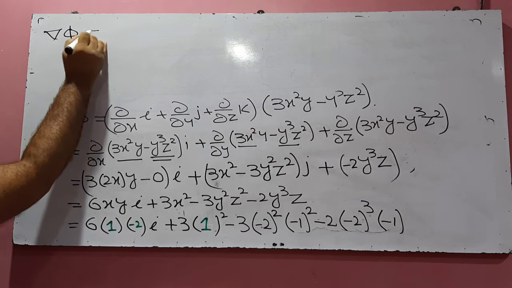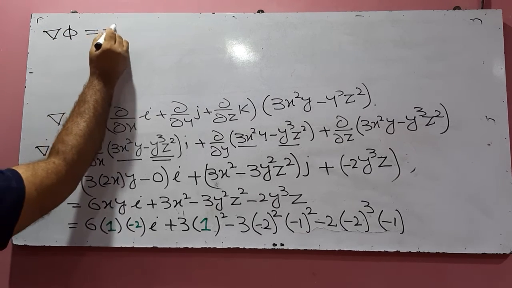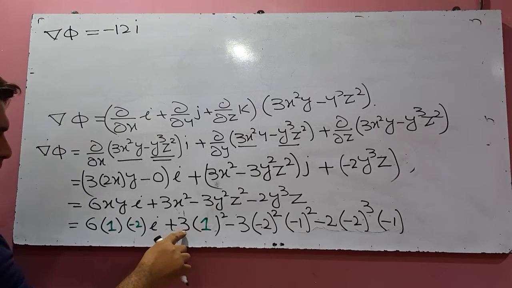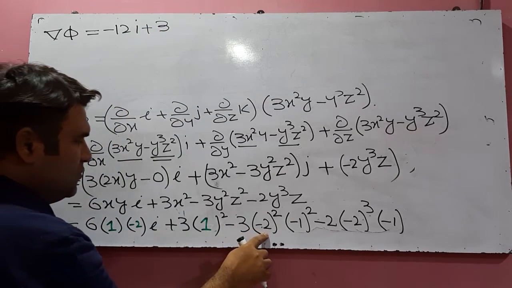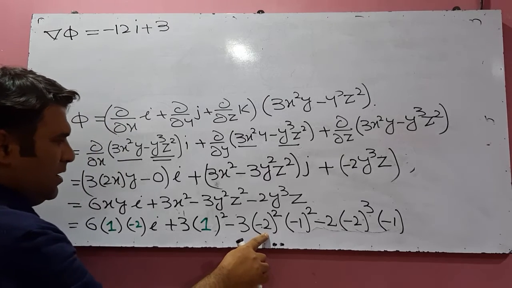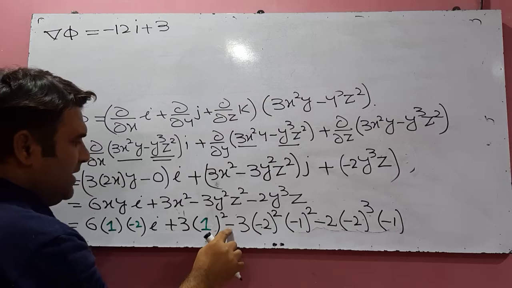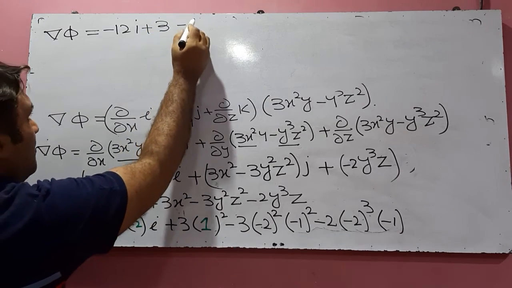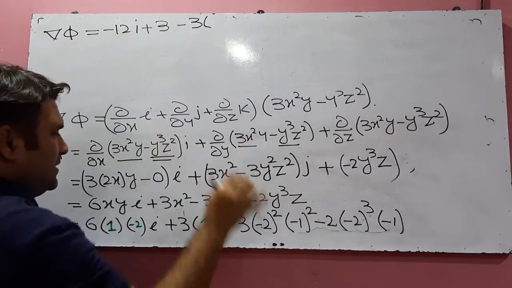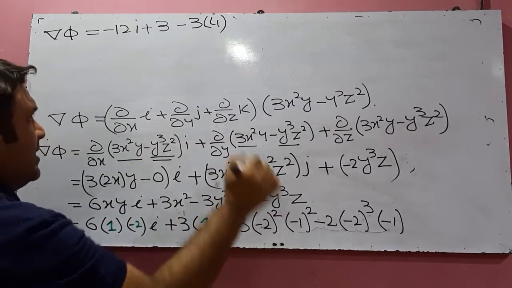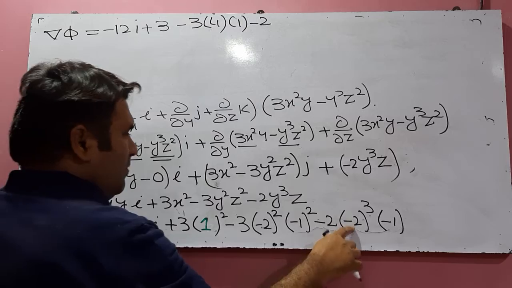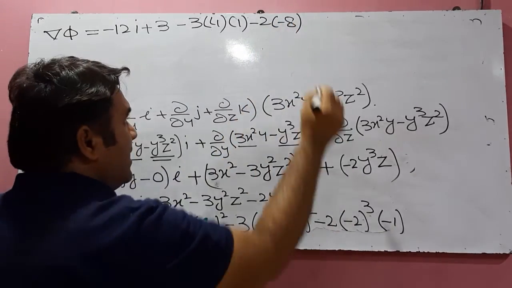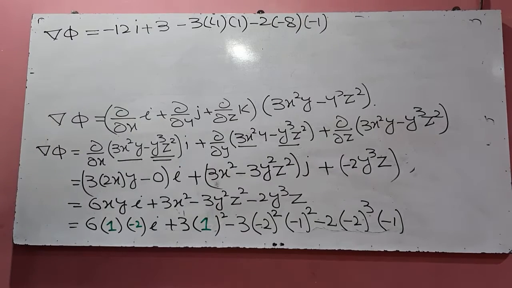Del phi is equal to 6 multiplied by minus 2, minus 12i, plus 3, 2 multiplied by 2, the 4, minus 3 becomes 1, then minus 2, minus 8, and minus 1. So do your numericals, do your calculations very carefully.